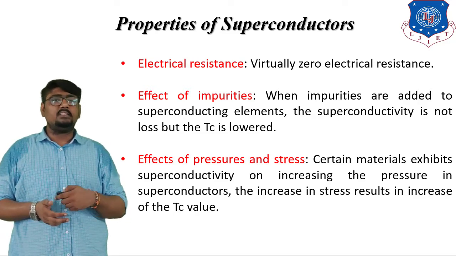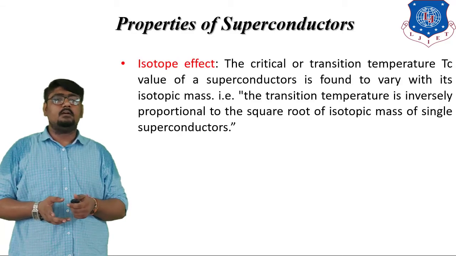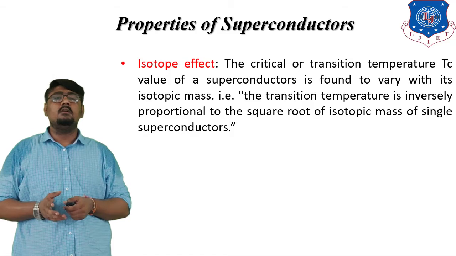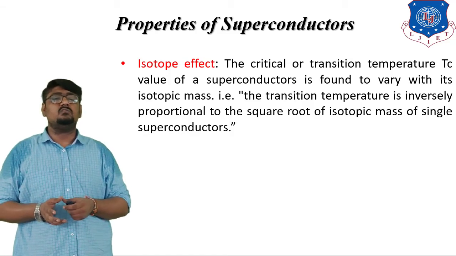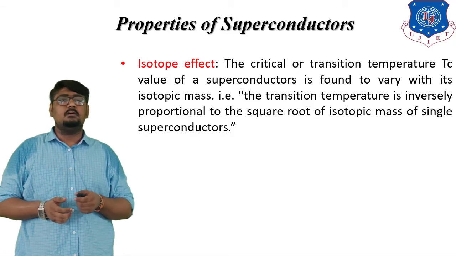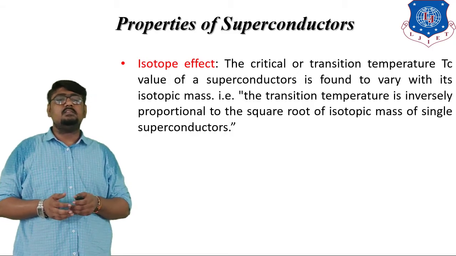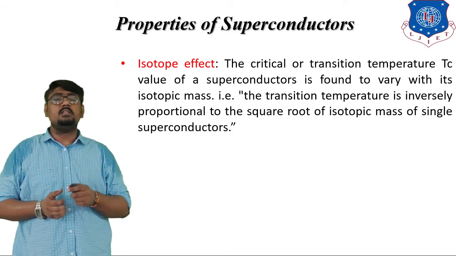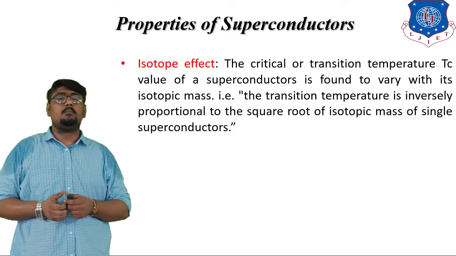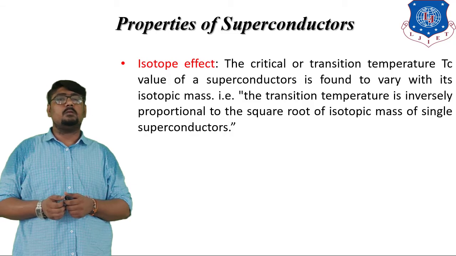So the next property is the isotope effect. The critical or transition temperature Tc of a superconductor is found to vary with its isotopic mass. That is, the transition temperature is inversely proportional to the square root of the isotopic mass of a superconductor.